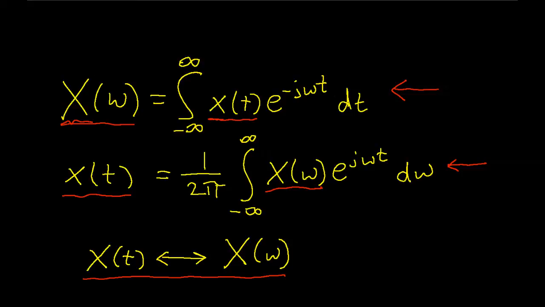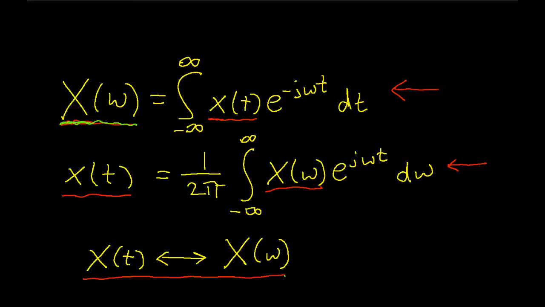Now, in terms of understanding how the Fourier transform works, the first thing to pay attention to is the fact that x of omega is generally a complex valued function of omega. So for every value of omega, this x will have a real part and an imaginary part, which sometimes can be somewhat confusing. It also makes it quite difficult to graph x most of the time.